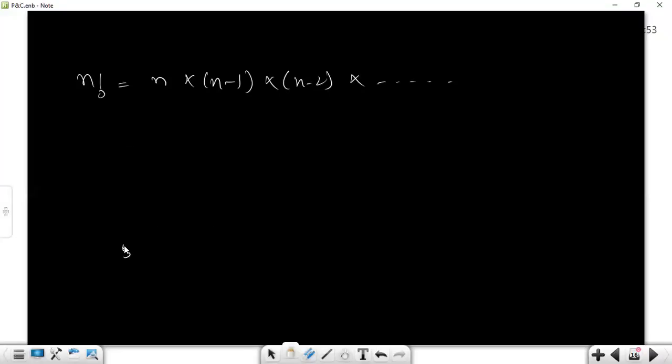If we write 5 factorial, that is 120. If we write 4 factorial, that is 24. If we write 3 factorial, that is 6. So basically, 5 factorial is 5 into 4 factorial. So for finding the value of 4 factorial, divide 5 factorial by 5.